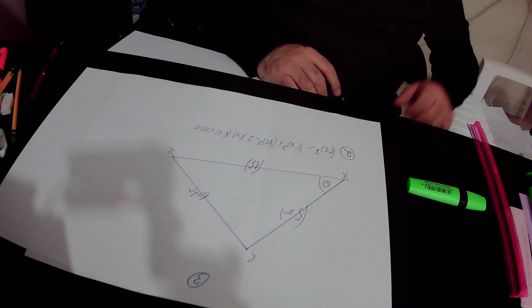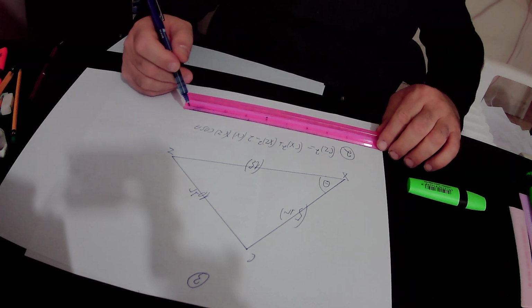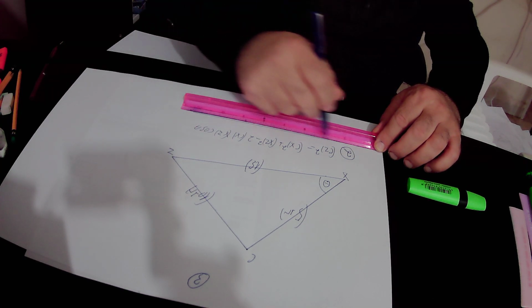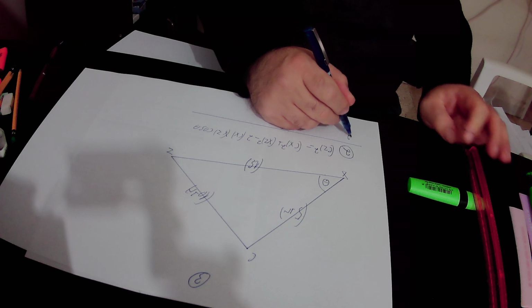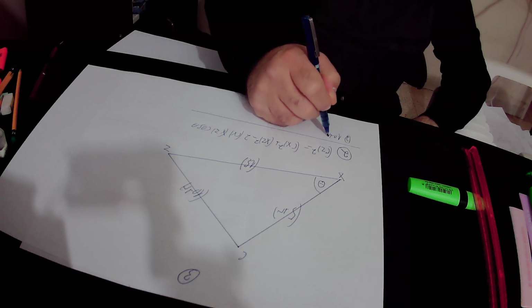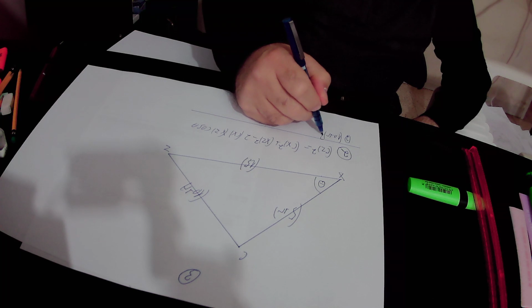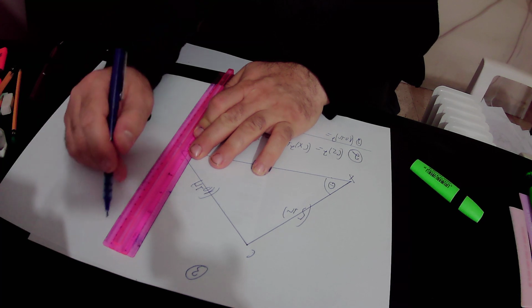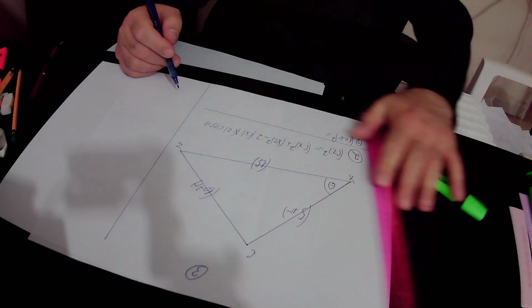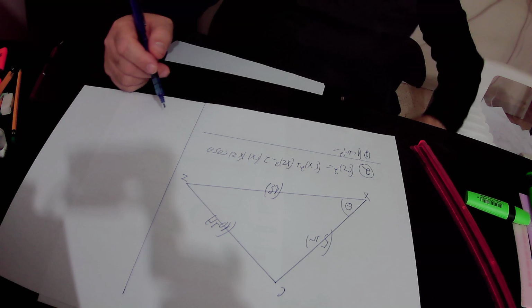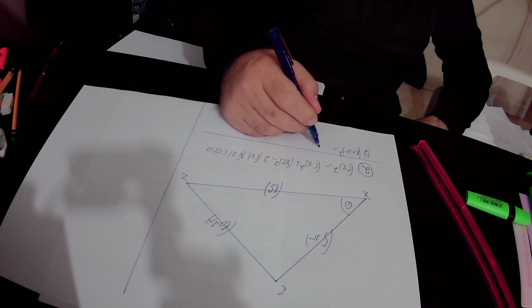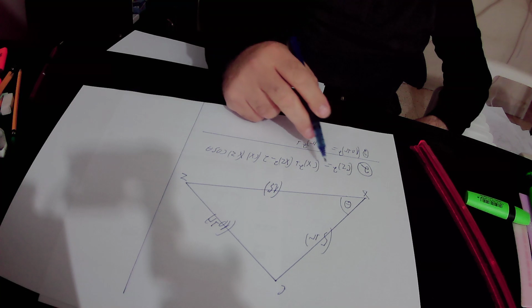We have already found out that CZ is equal to 10 plus R, therefore CZ squared will be equal to (10 plus R) squared, and it is equal to CX squared, that is (5 plus R) squared, plus XZ squared.